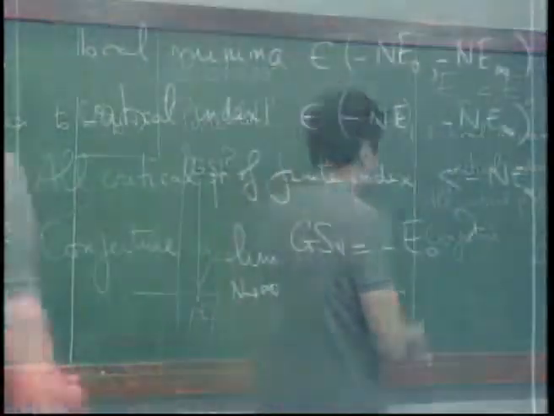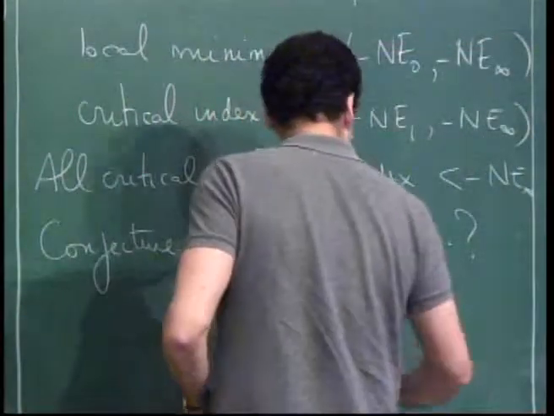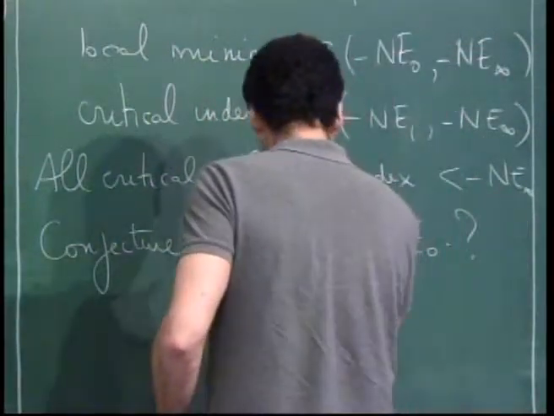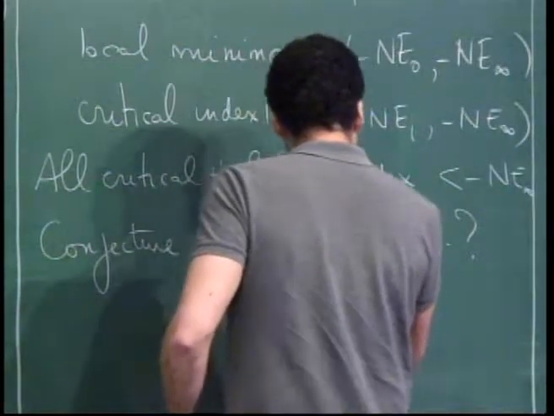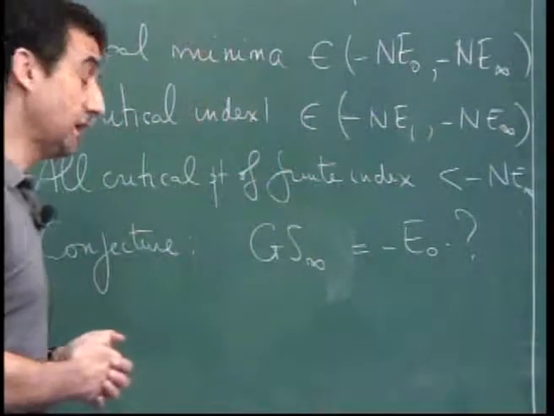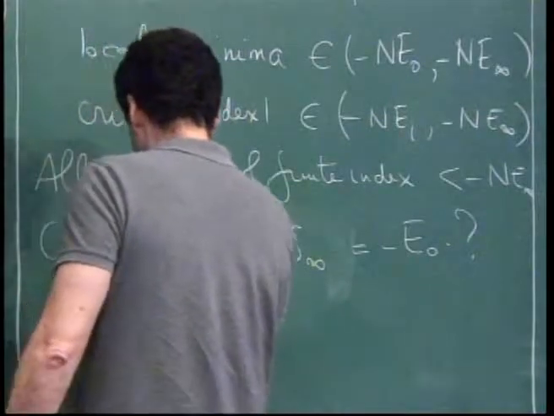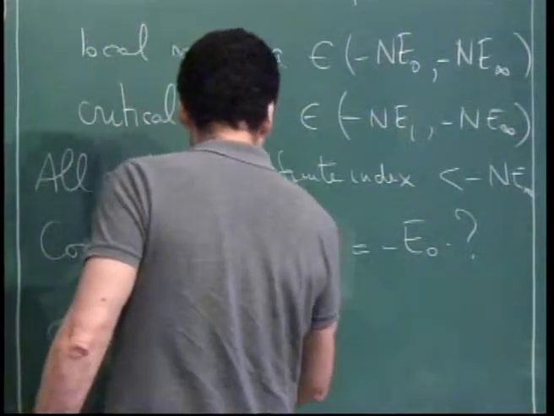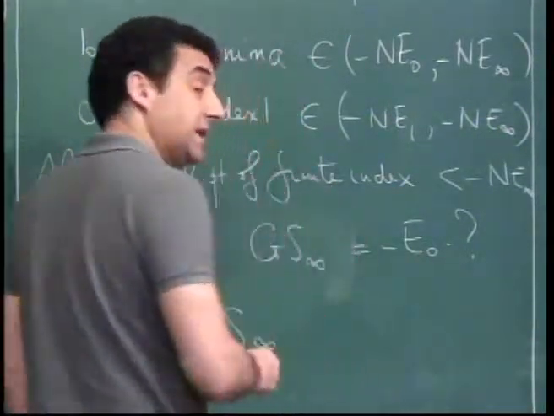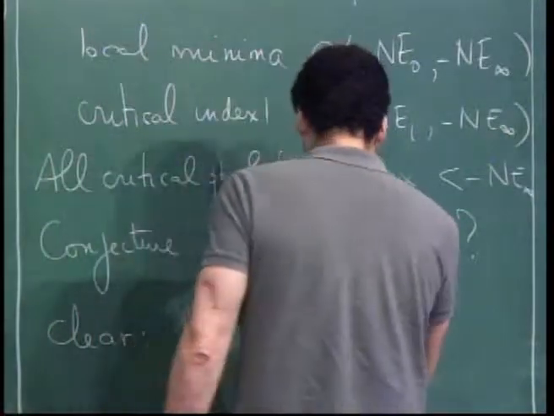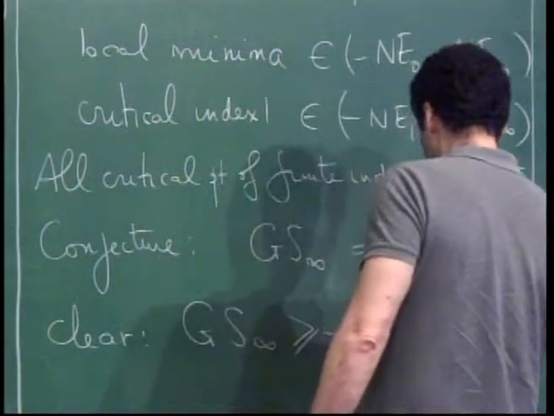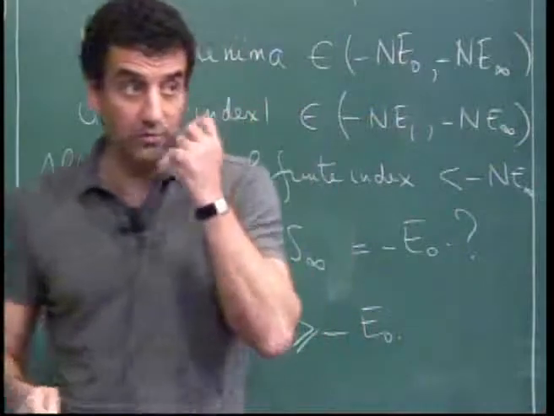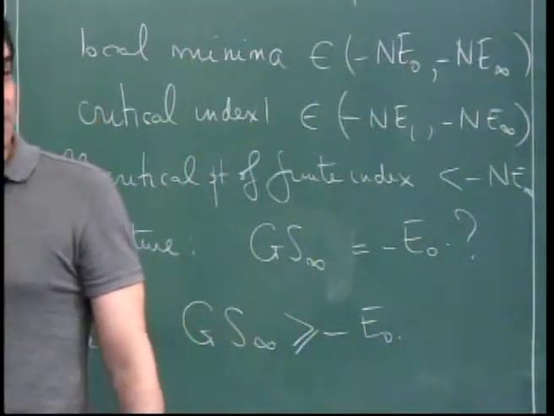What is clear is that this guy, let me call this ground state at infinity, is the limit of the ground state. It's proven that the limit exists, and that it is larger than negative E0. That's just the Markov property. It has to be on the right of this.